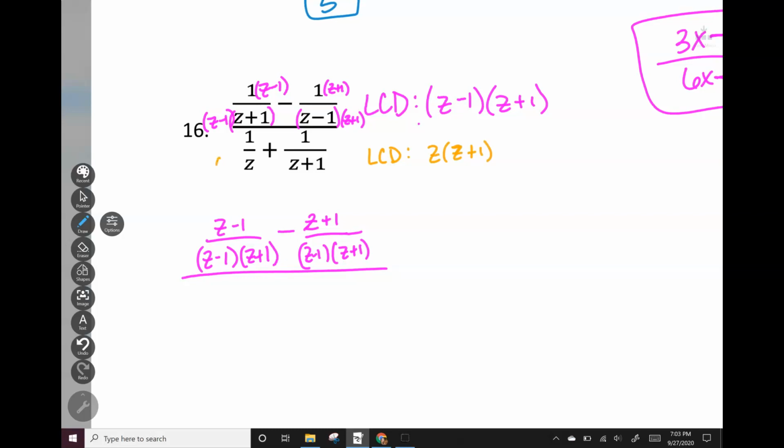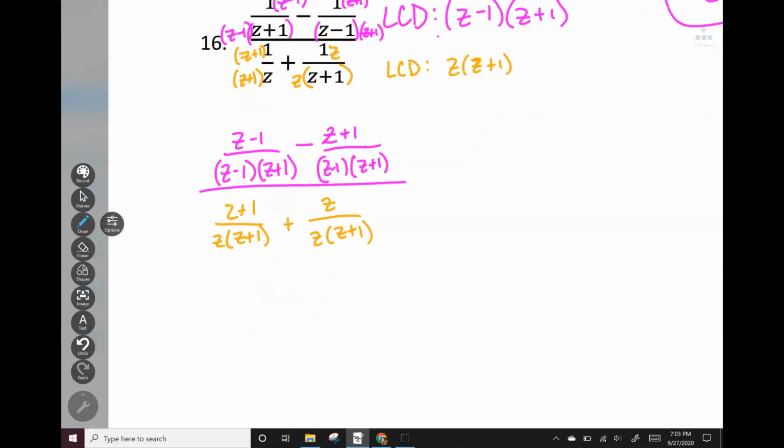I'm going to multiply by z plus 1 in the first fraction on the top and the bottom, and in the second one, I need to multiply by z. So that's z plus 1 over z times z plus 1 plus z over z times z plus 1. Now I'm going to do that addition and subtraction.